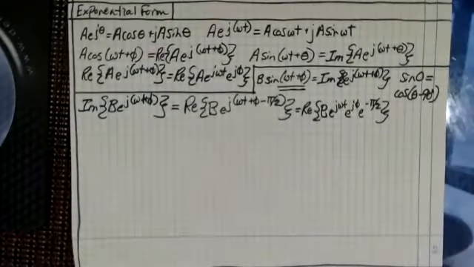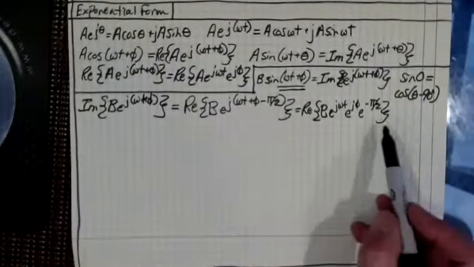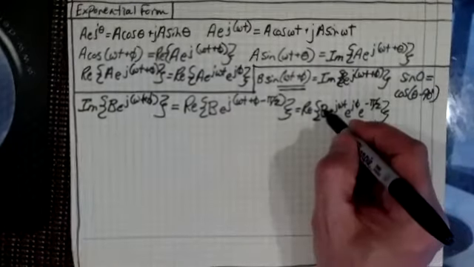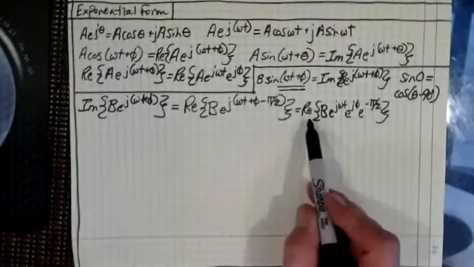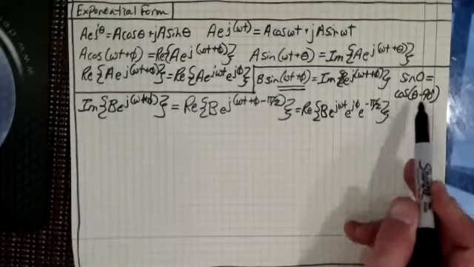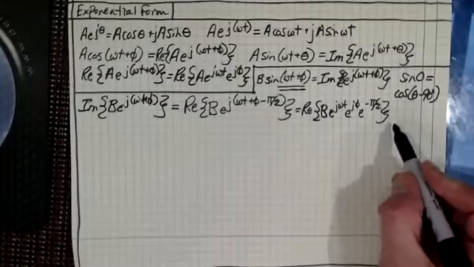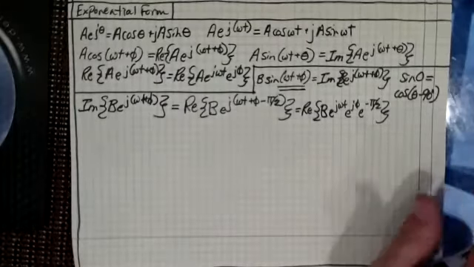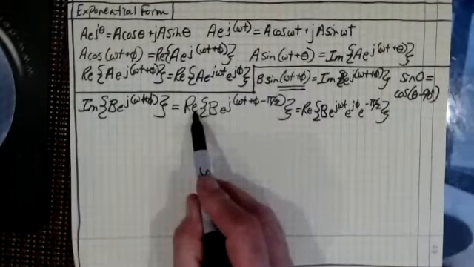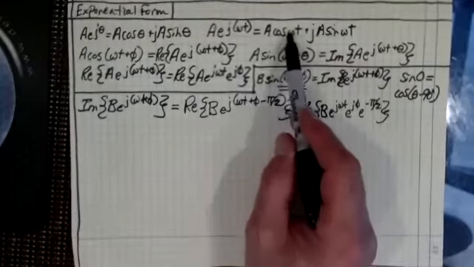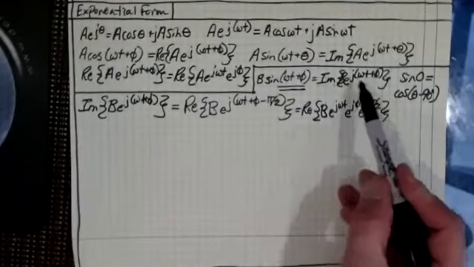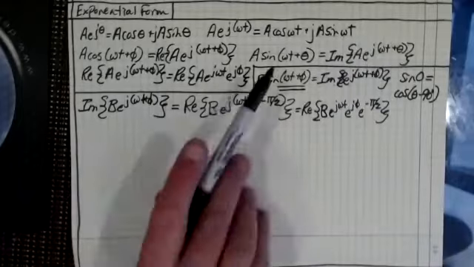Does everyone see how I switched that all around? And now this would be the real part of that, so this would all be a cosine now, wouldn't it? Because it's now the real part, which is the cosine part, not the imaginary part, which is the sine part.